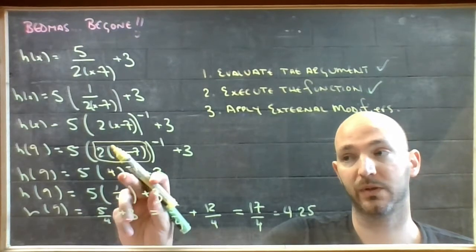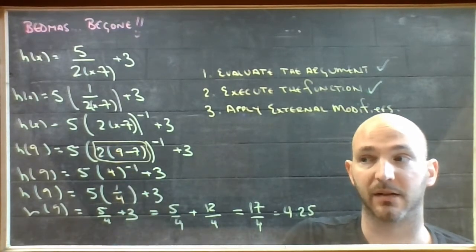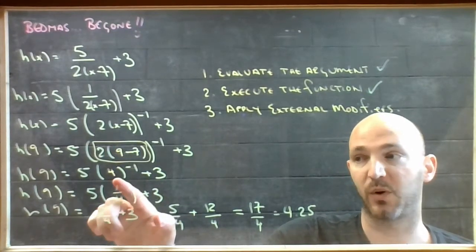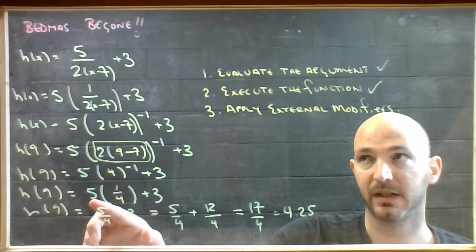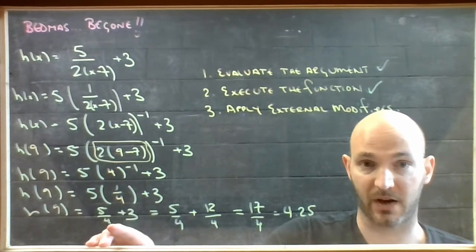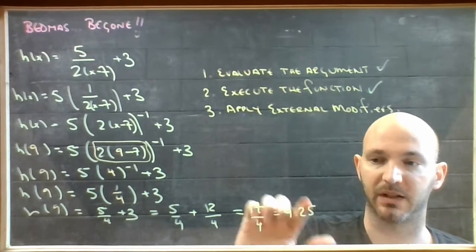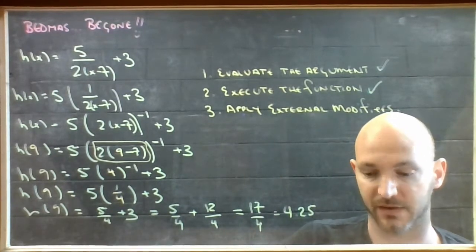So if you use the -1 button on there and rendered this as 0.25, 0.25 times 5 gives you 1.25, and 1.25 plus 3 gives you 4.25. It's the same answer.